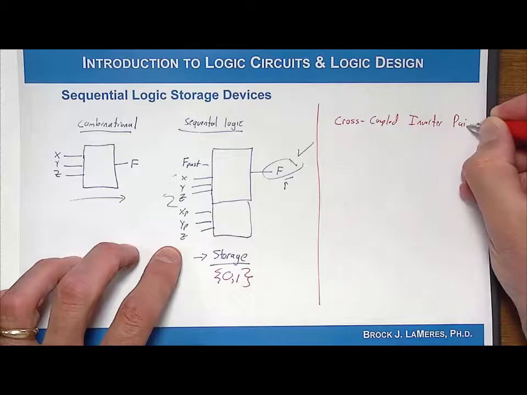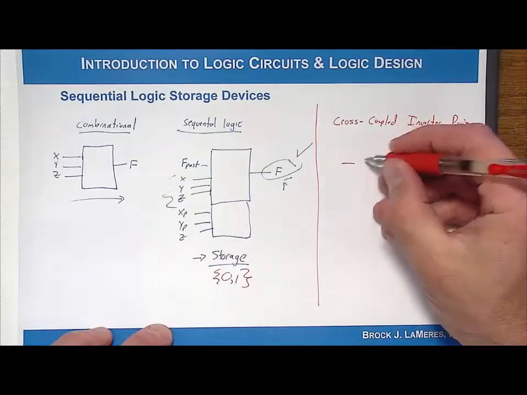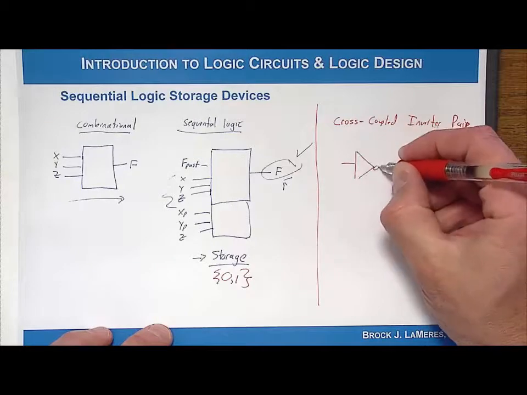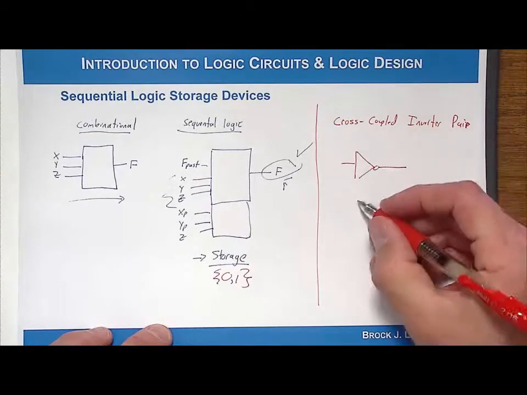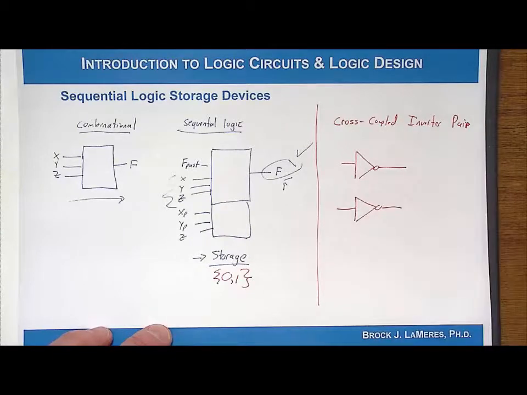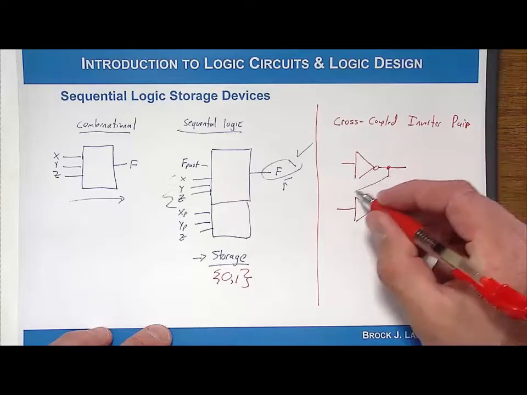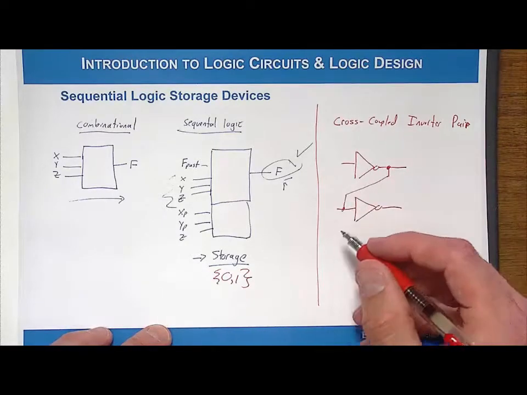Let's just say I took an inverter and I drew it as follows. Then let's say I took another inverter, drew it down here, and took the output of one inverter and routed it back to the input of the other inverter.